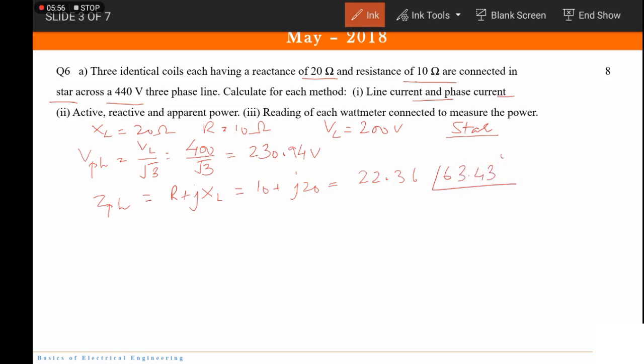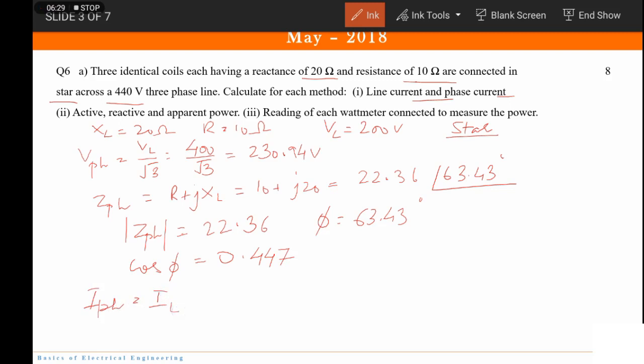So I get the magnitude of ZPH to be 22.36 and phi to be 63.43 degrees. By using this phi value I can calculate cos phi, and cos phi comes out to be 0.447.